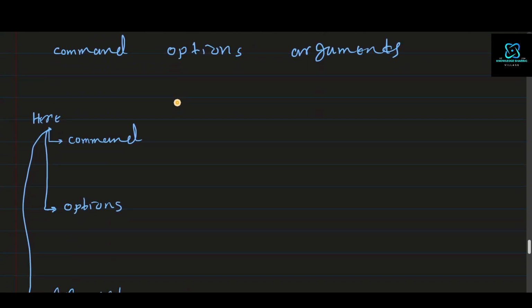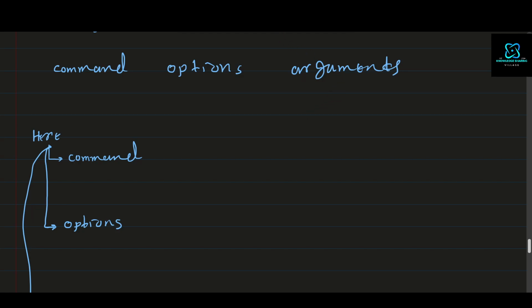Here we are going to explain what the command, option and argument are. The command, in our case, is the ls command. This is the main action you want to perform.